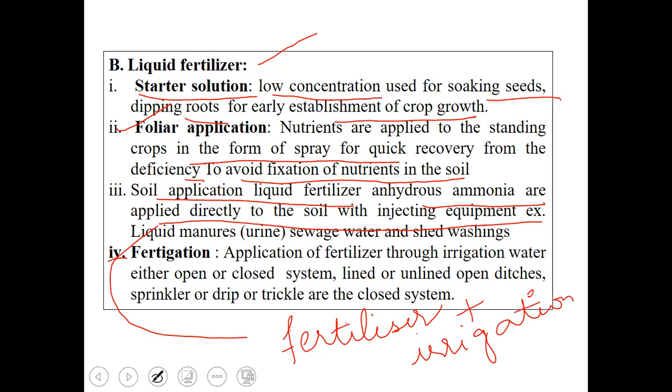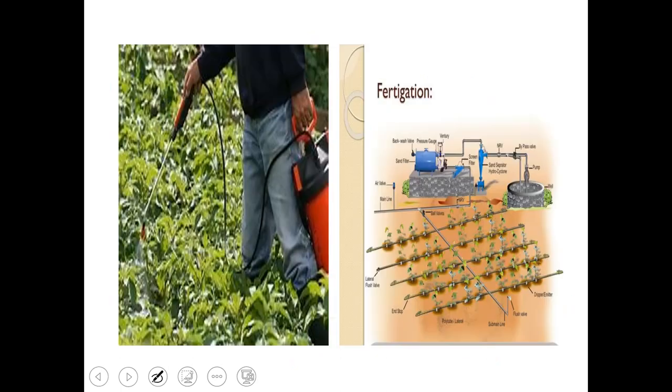Okay, so application of fertilizer through irrigation water, either in open or closed systems, lined or unlined open ditches, sprinkler or drip, anywhere we can use this system. Do not think much about these systems, these are irrigation systems, do not worry. Just understand we can go for fertigation also, like a mixture of fertilizer in the irrigation water, so as to decrease the loss of our fertilizer.